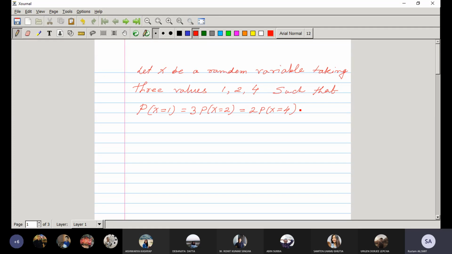Let capital X be a random variable taking three values 1, 2 and 4 such that probability X equal to 1 is equal to 3 into probability X equal to 2 equal to 2 into probability X equal to 4.